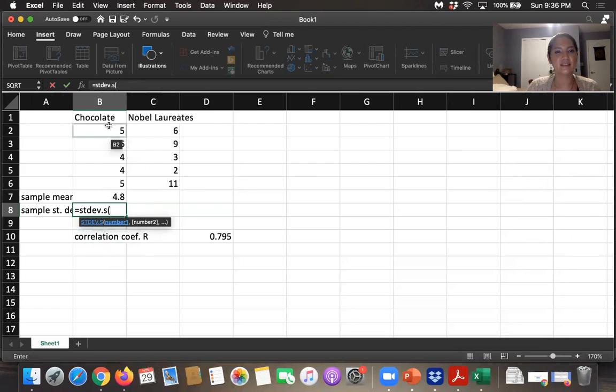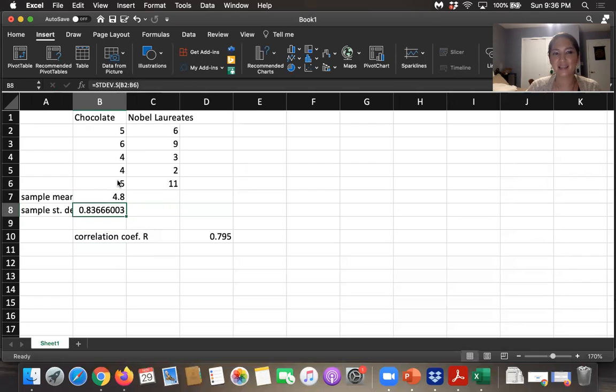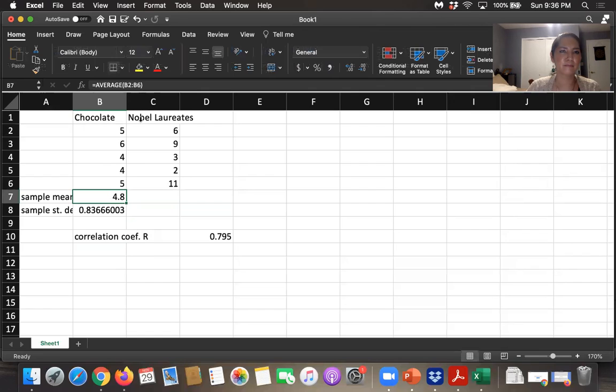Open parentheses, and then select the values on your list for the x's. Oops, don't include that mean. We don't want that. Close parentheses, and we get the same value that we had in our slides.